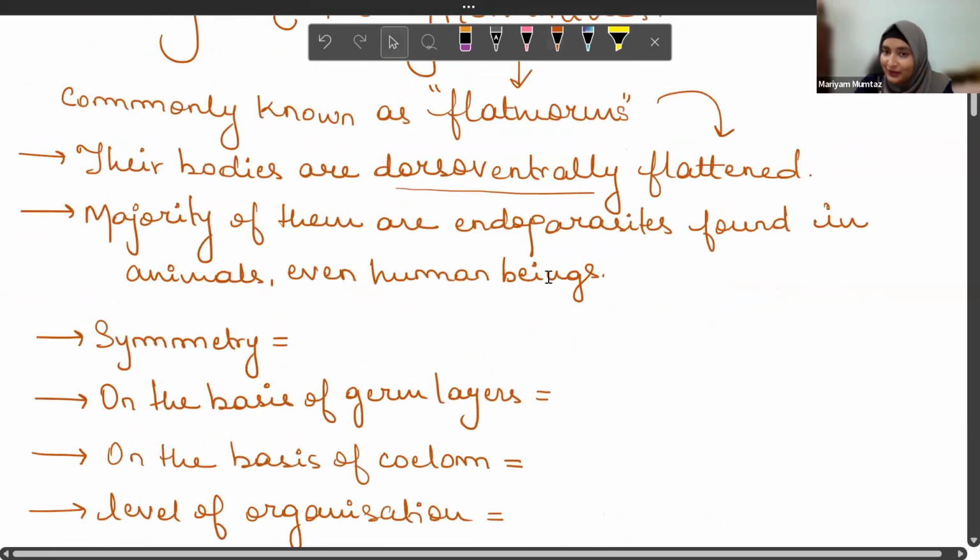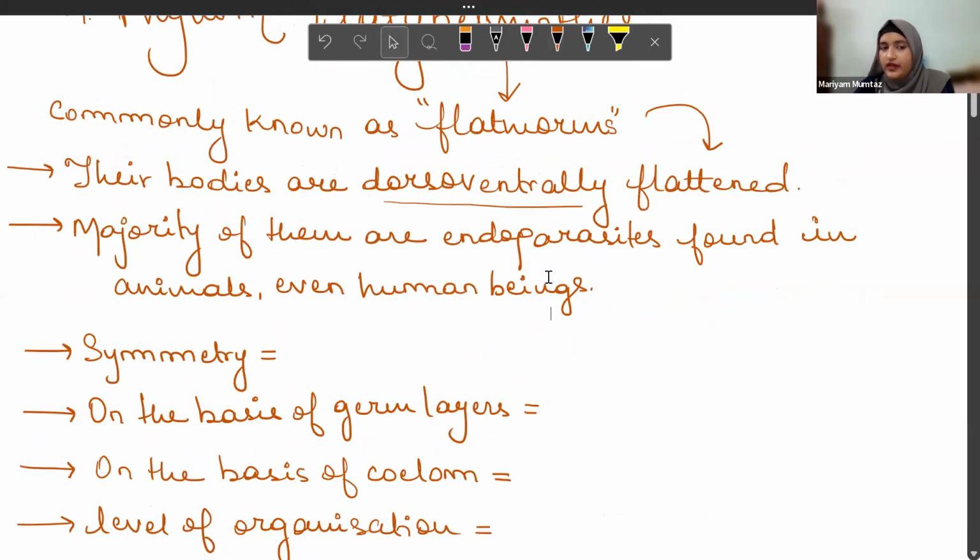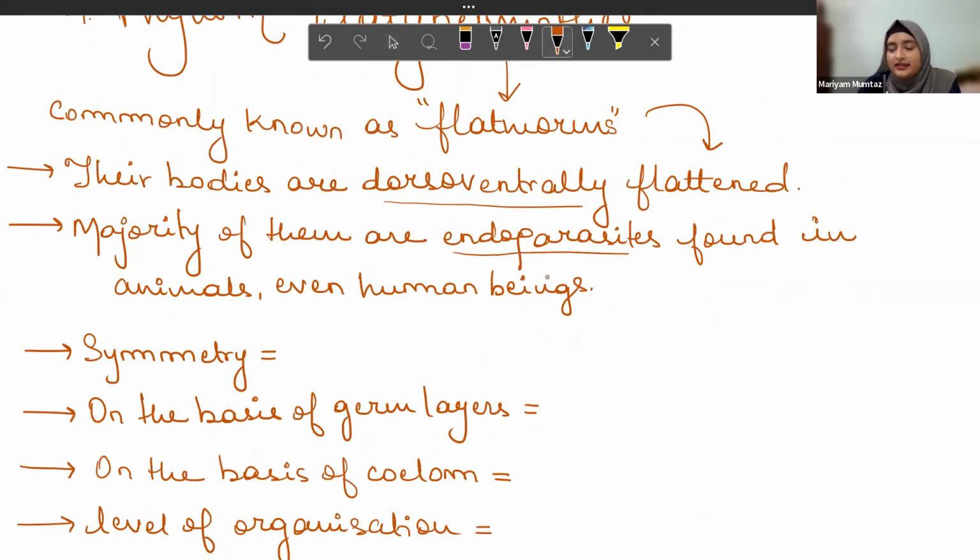The bodies of the flatworms are flattened dorso-ventrally. Now, the majority of them are endoparasites, meaning they are parasitic inside the body of the host, and they are found in animals and even human beings. They are parasitic to human beings also.